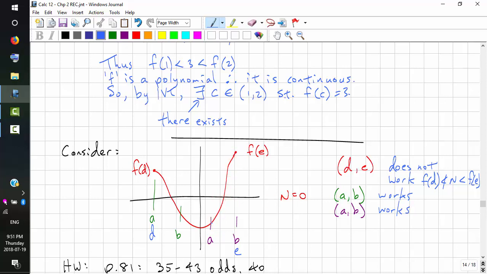Our f of A is below 0, our f of B is above 0. So know when your conditions work. This is just a matter of getting to understand what the theorem is and isn't. And that completes this lesson.